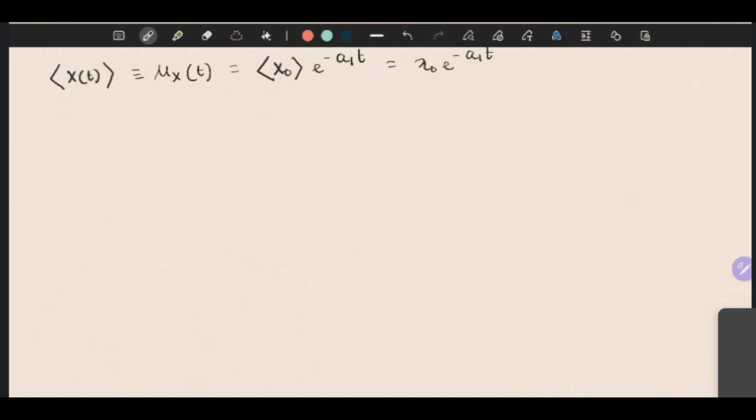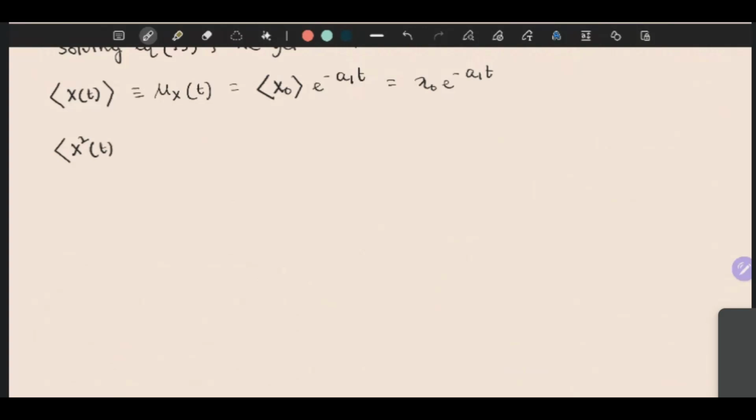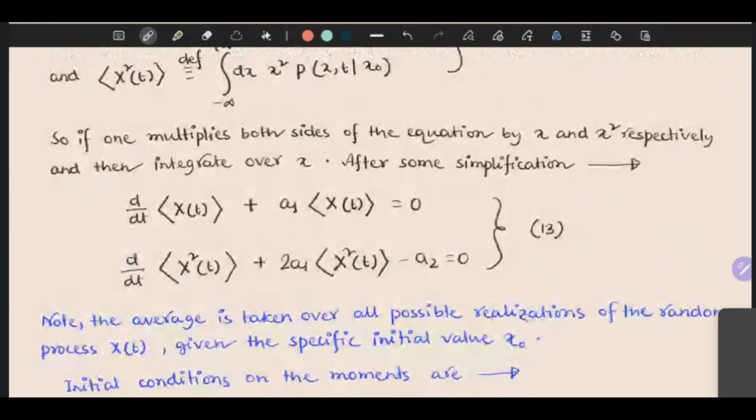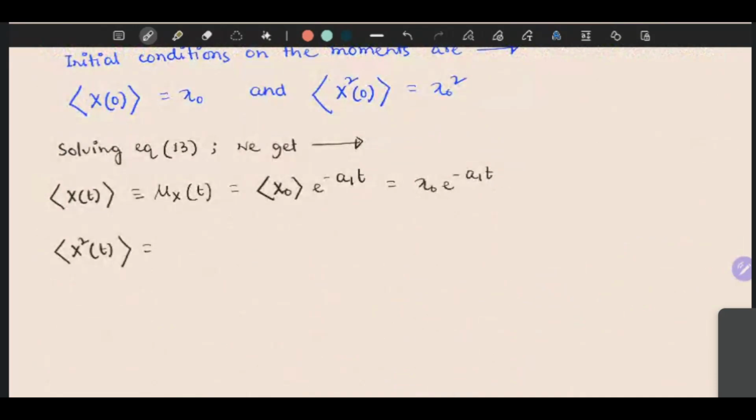Similarly, x square of t becomes, so this is also like an integrating factor, you have to use the integrating factor, and then it becomes a2 by 2a1 plus x naught squared minus a2 by 2a1 times e to the power minus 2a1 t.